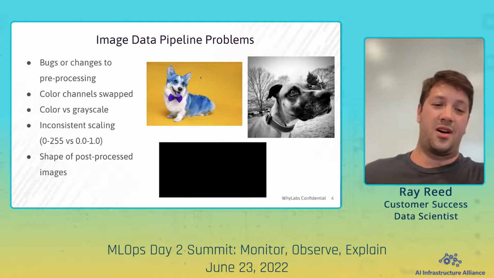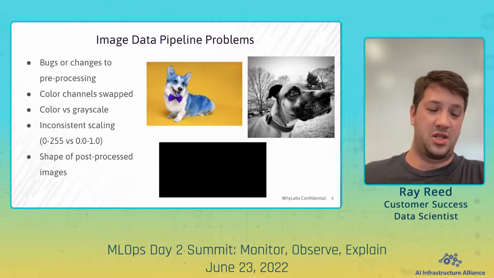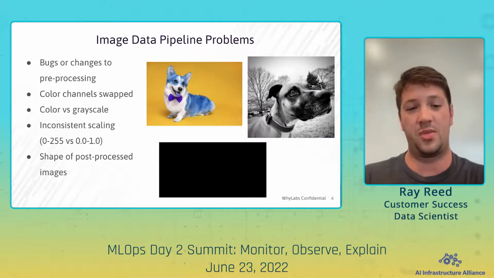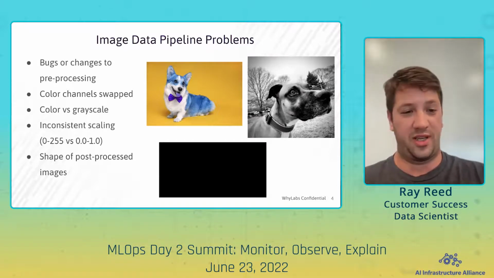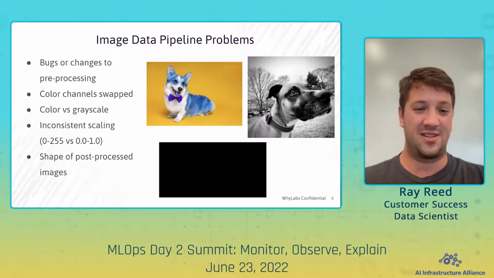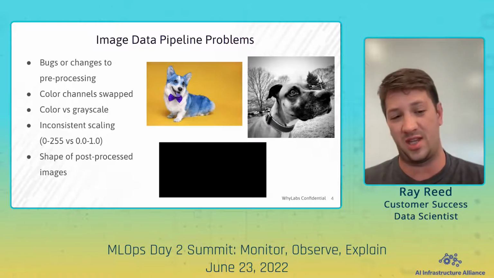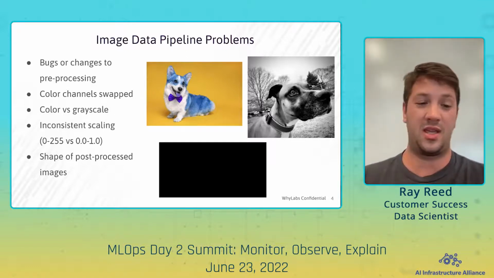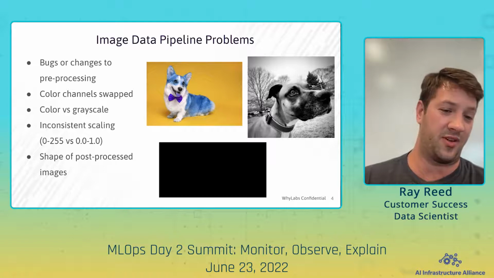We could have a case where we're dealing with both color images and grayscale images. That ratio could be changing over time. One particularly damaging effect is if we introduce some kind of bug in the way that we're scaling images. So some image processing libraries might use values from 0 to 255 for pixel values.